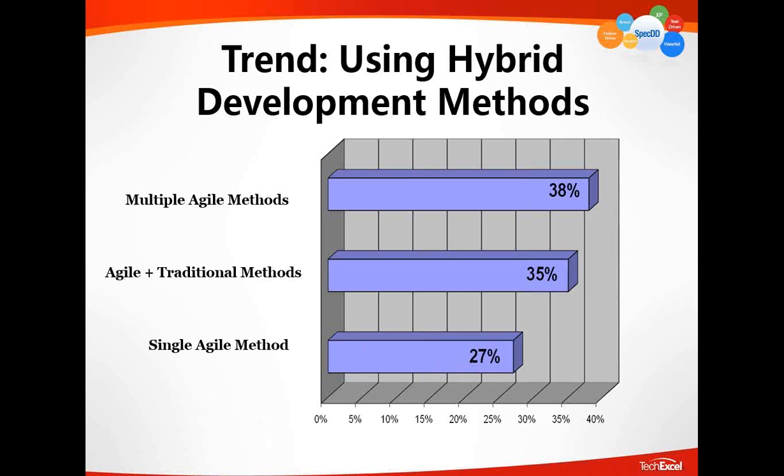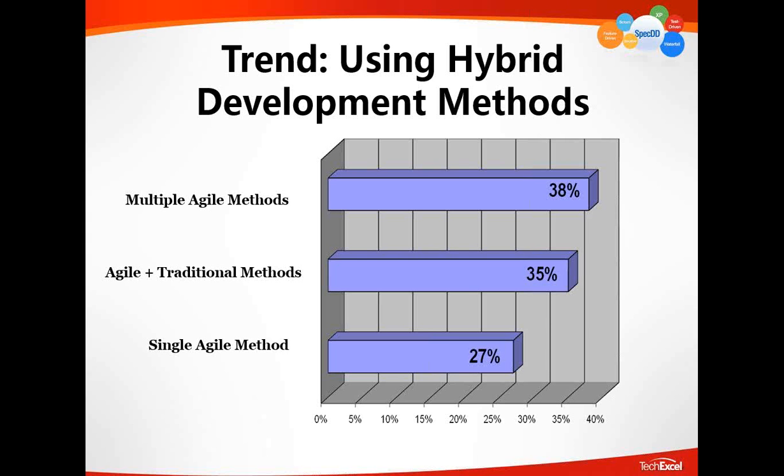So what does it mean? It means that in the real world, when development teams start to practice agile, they realize the need to customize the agile process to include the best functions of traditional methods, such as quality management, resource planning, and requirement management.